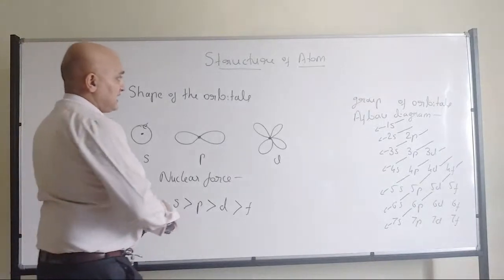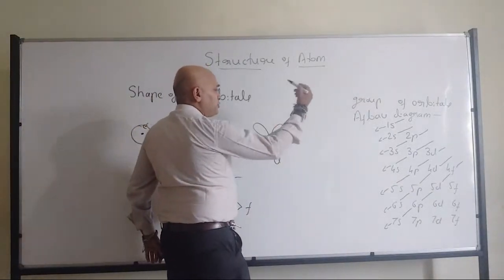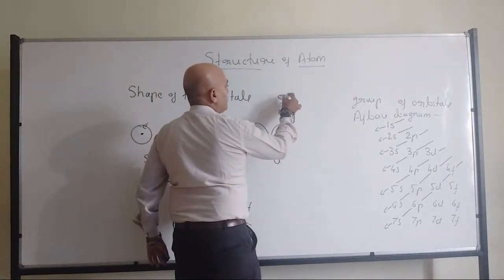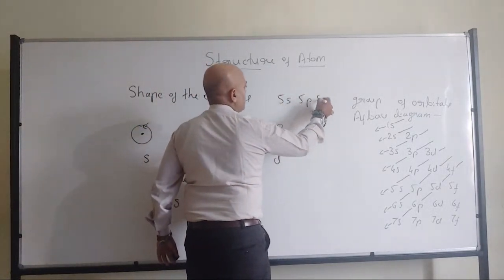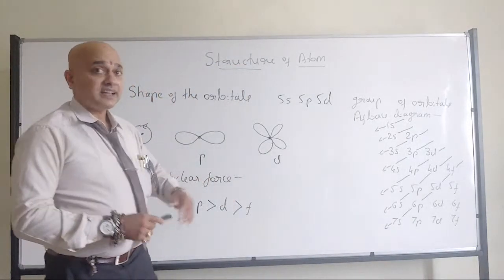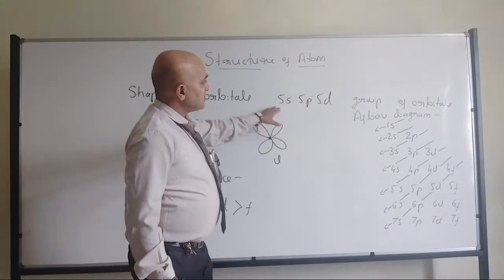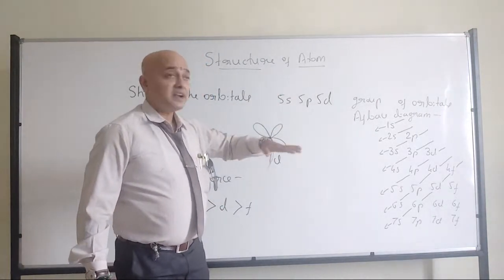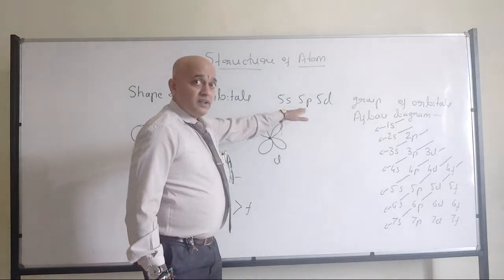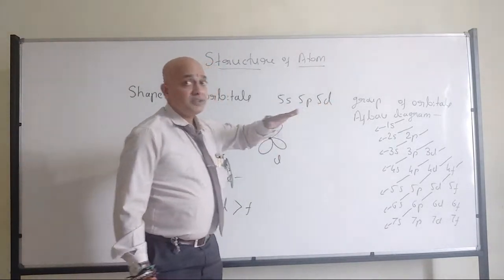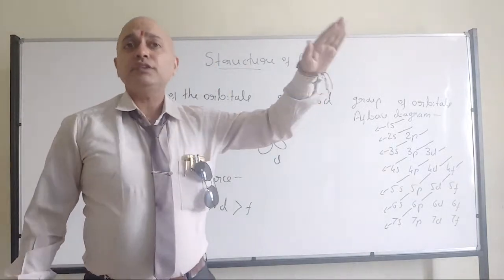So now I can tell that when I have the outermost shell, imagine I am talking about 5s, 5p, 5d and so on, the outermost energy level. Now I can tell that 5s electrons will feel less shielding effect compared to 5p. 5p electrons will feel less shielding effect compared to 5d. Like that the explanation will go on.